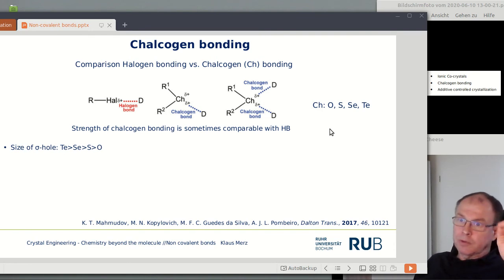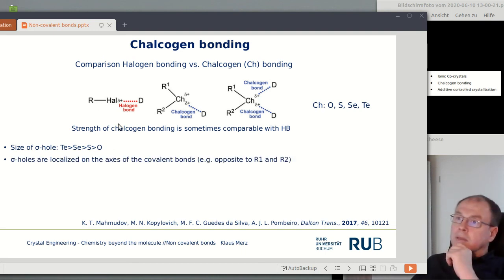You remember the sigma hole depends, in the case of halogen bonding, on the halogen element. The iodine atom substituent has the biggest sigma hole. Exactly the same is in the case of chalcogens. This is the ranking: tellurium, selenium, sulfur, oxygen.